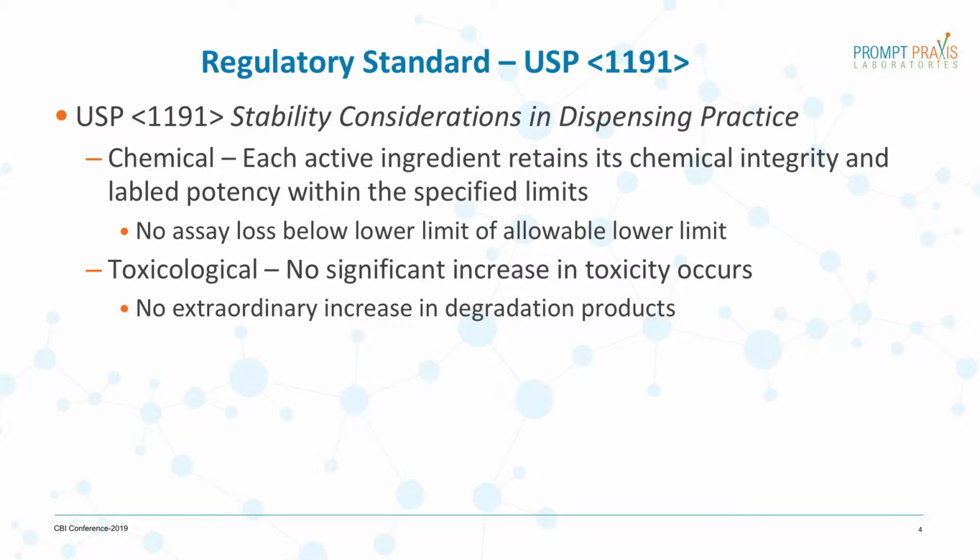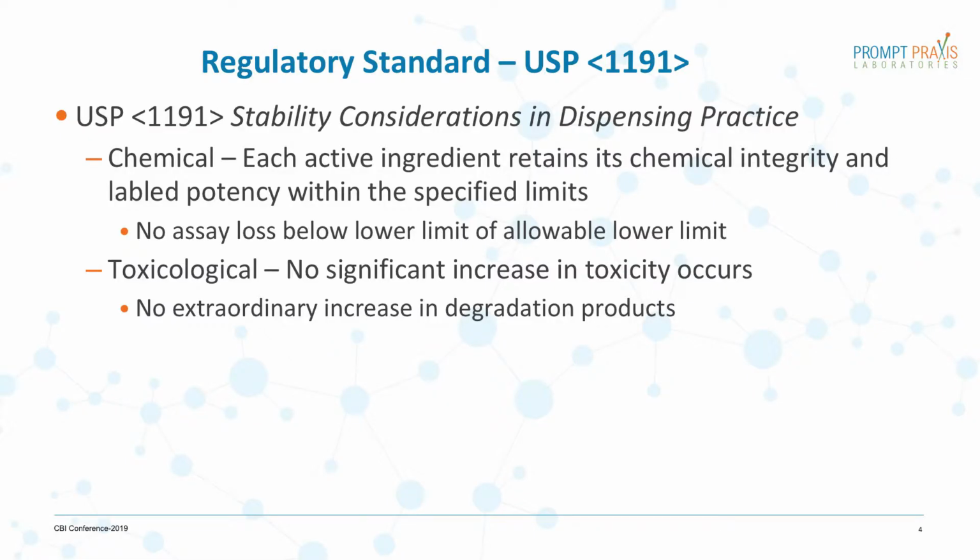The regulatory standard, the USP 1191, really talks about 5 categories of stability, of which I've focused on 2 here. The total count is chemistry, physical, microbiological, therapeutic, and toxicological. We deal a lot with the chemical, also known as strength, potency, activity, etc., and to ensure that the labeled amount is within specification according to what our clients have defined as active and potent, typically 90 to 110 or slightly tighter.